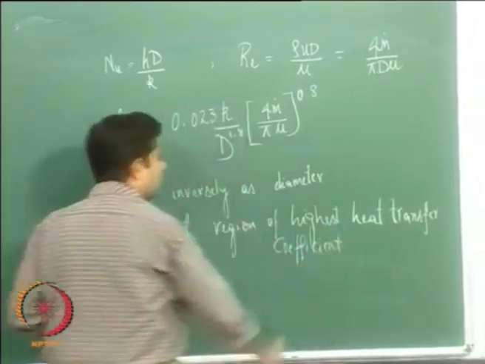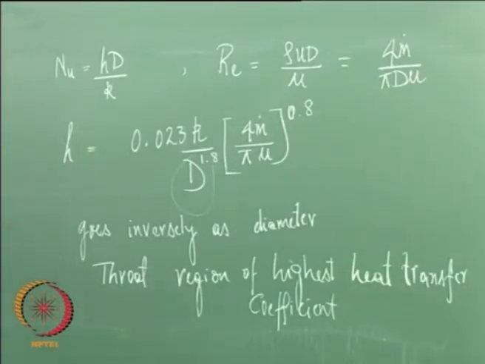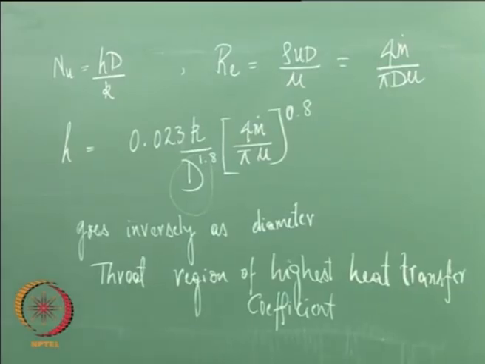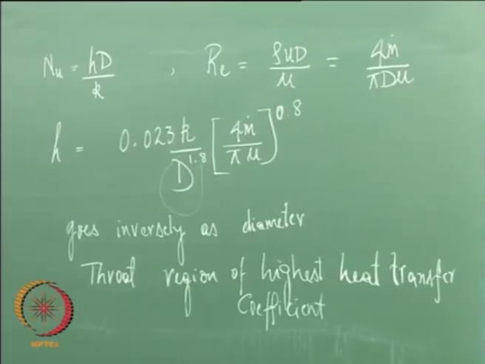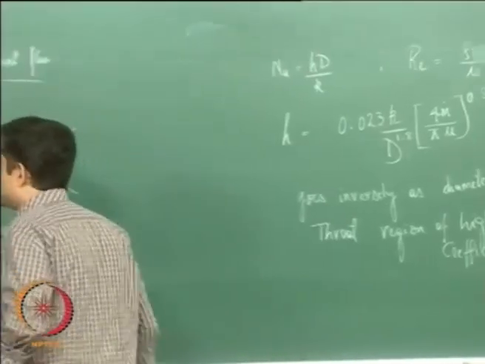So we know that the throat is the region of highest heat transfer coefficient, and if we were to calculate the heat flux that is coming back to the surface, we can do that like this.